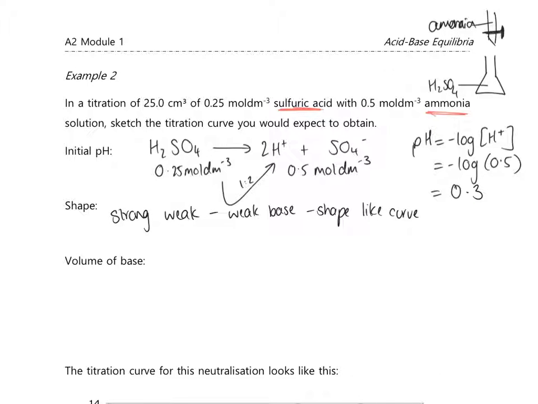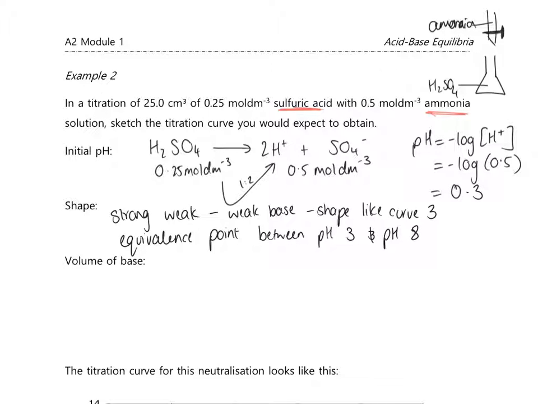Curve 3, yep. It's going to be shaped like curve 3. And so your equivalence point is going to be roughly between pH 3, because we've got a strong acid, and pH 8, because we've got a weak base. That's going to give us the length of the vertical section of our graph.